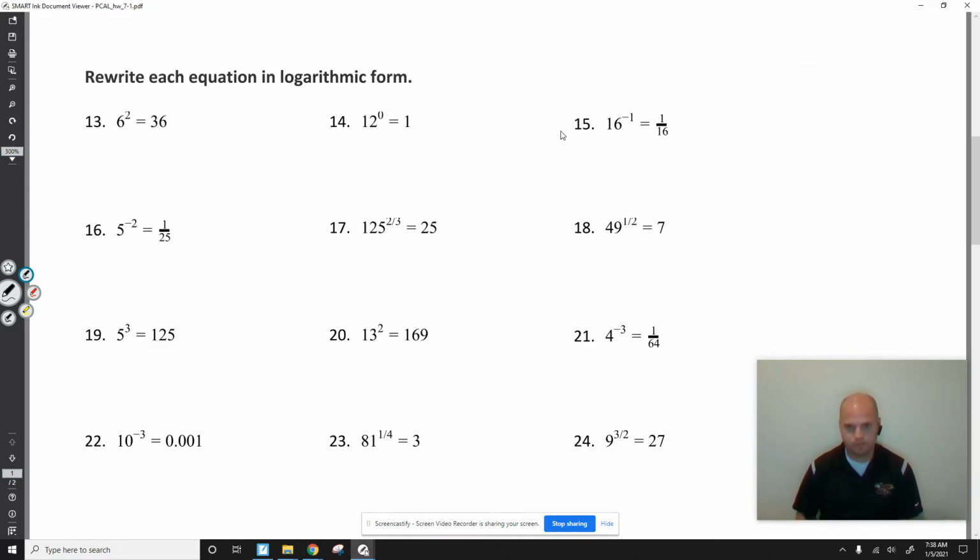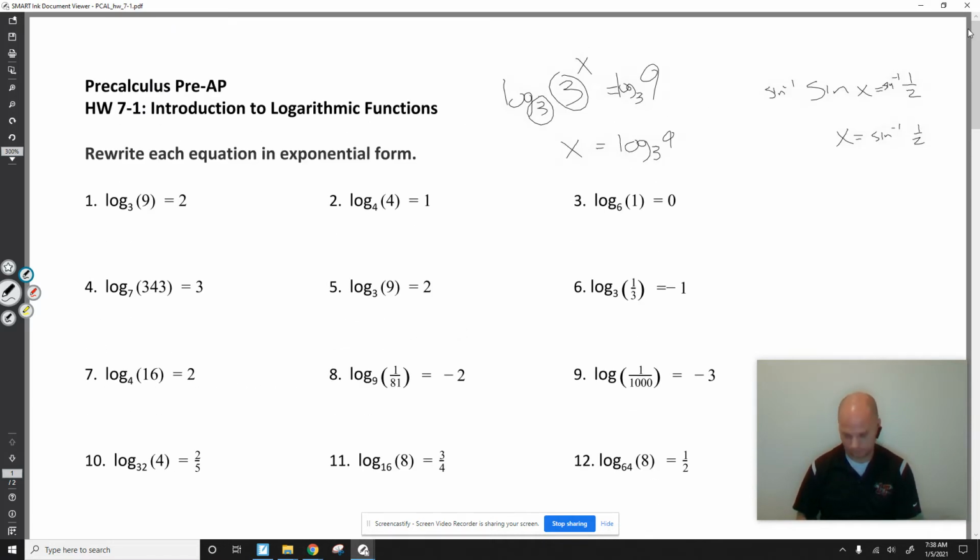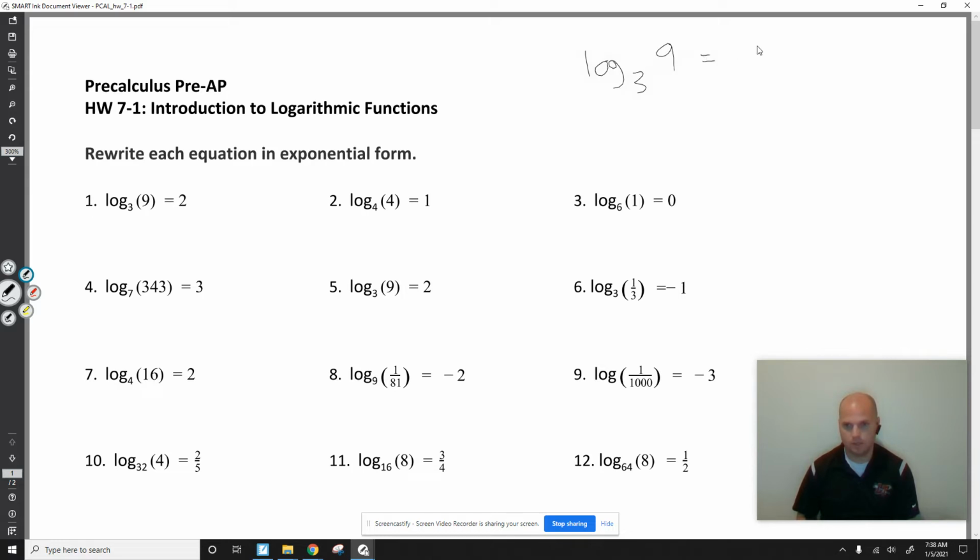Now, conversely, the first set of 12 questions give you a log. Log base 3 of 9 is 2, and we knew that. Here, the answer for x is 2. This is showing us that log base 3 of 9 is 2.